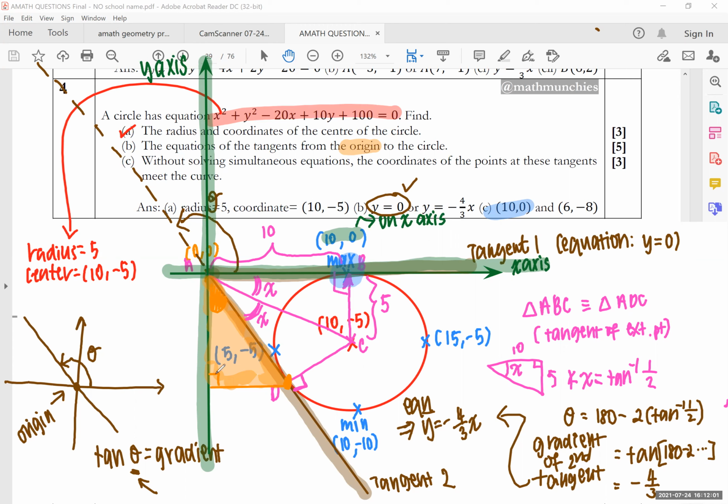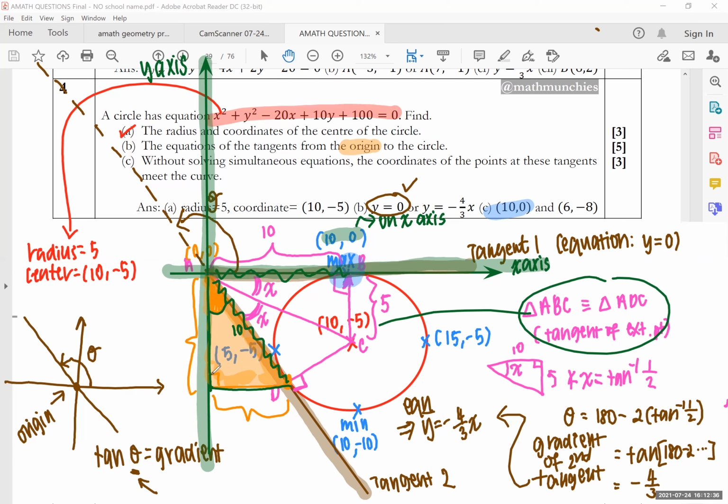And do you think you can find this side and this side? Do you know the length of AD or not? We know. How come we know the length of AD? Because it's the same as from A to B, 10. Yes, because it's a congruent triangle, right, that we just went through. So if this is 10, I can say that this zigzag is also 10, right? Then I can find this orange one because I already have the x and the x.